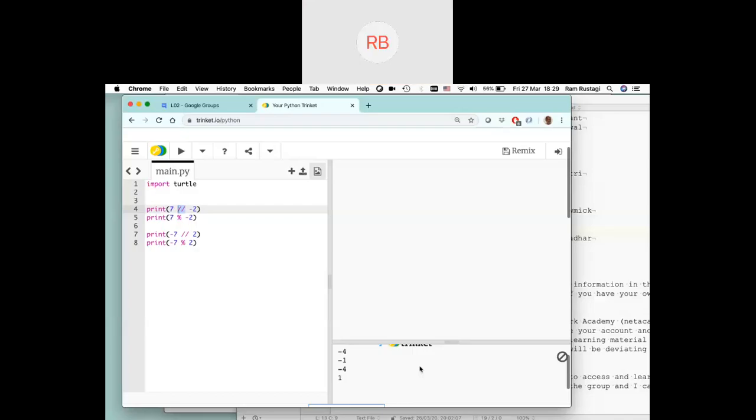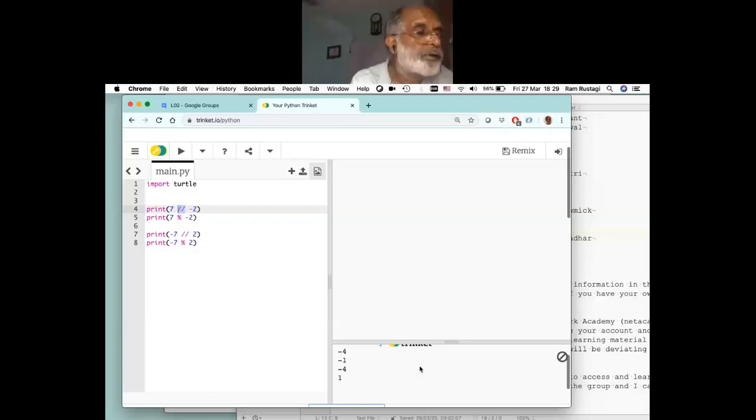Then only this formula would be satisfied. And the sign of remainder is the sign of divisor.